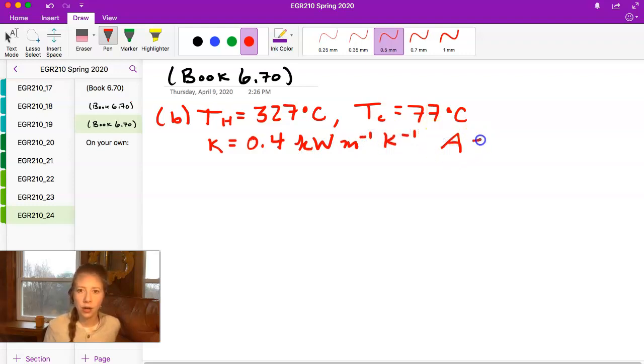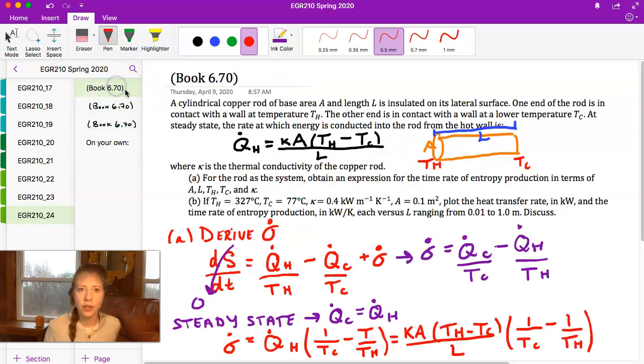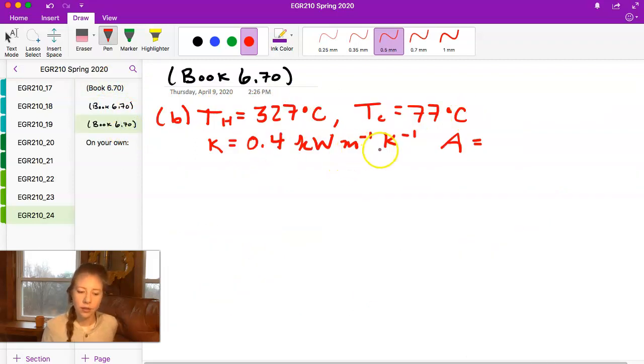And the cross-sectional area of our copper rod is 0.1 meters squared.